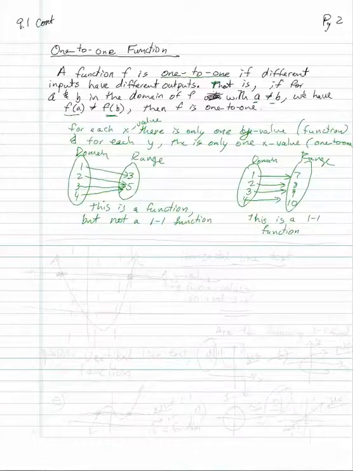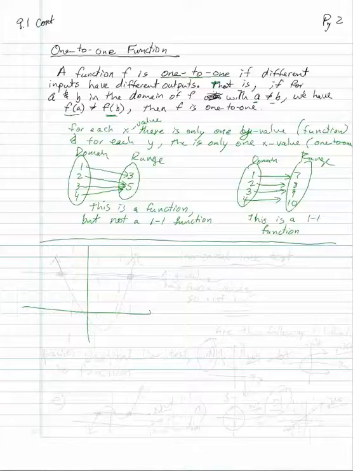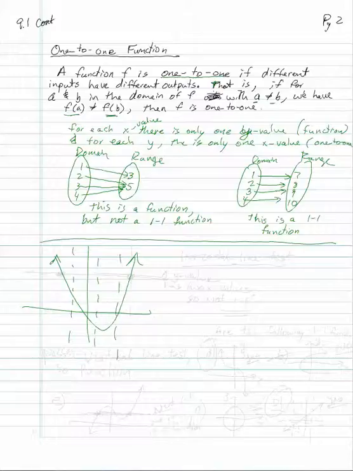Okay, another way, if you recall, we had the vertical line test for function. Each vertical line is testing an x value to see if you only have one y value. So if we had something like this, that would pass the vertical line test, so it passes. So it's a function.